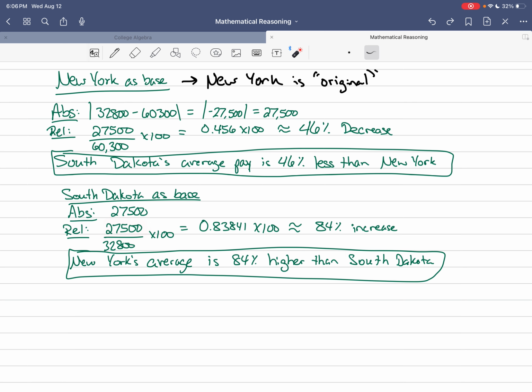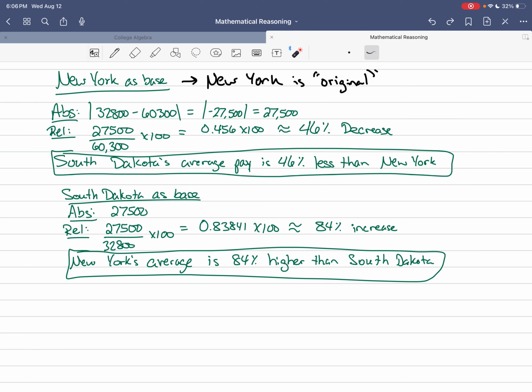But this time we have South Dakota with the 32,800 as the base for our fraction instead. We divide those and we get 0.83841. You multiply that by our 100 and it comes out to approximately an 84% increase. So what that means is New York's average is 84% higher than South Dakota.